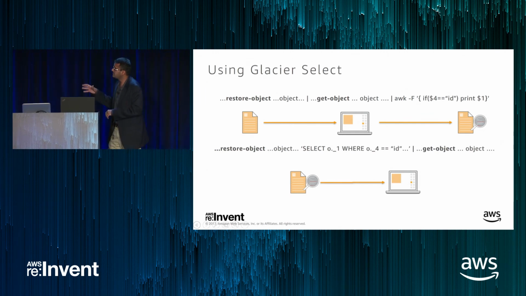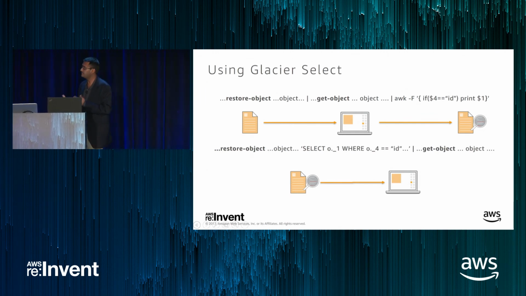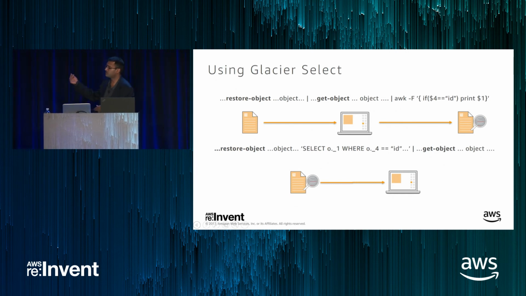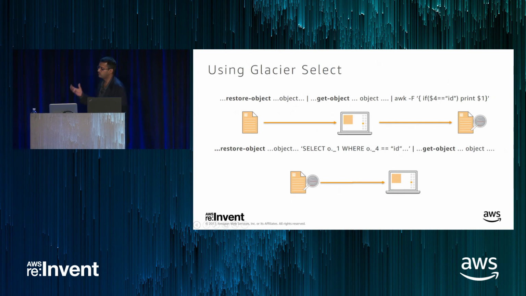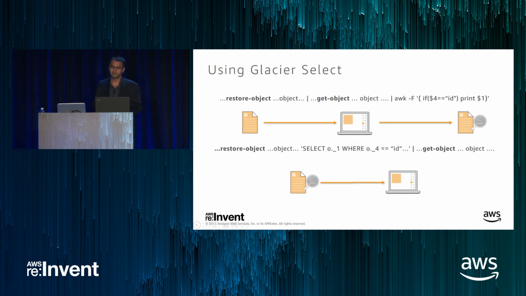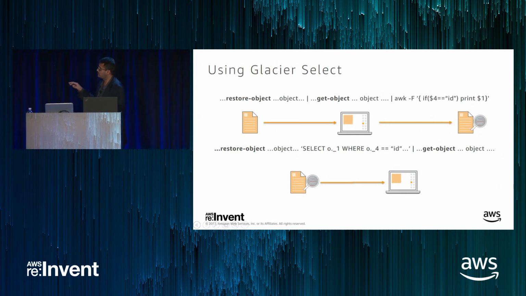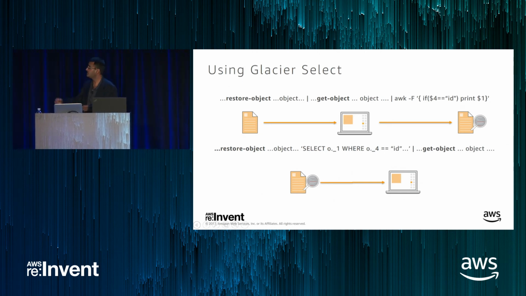This is an example of the steps you would have to take with and without Glacier Select. This was similar to the example that my colleague Rahul showed. If you have a log file where you want to print the first column, where the 4th column matches an ID, for example, and the archive was in Glacier, if you didn't have Glacier Select, you would first have to restore this object into S3.